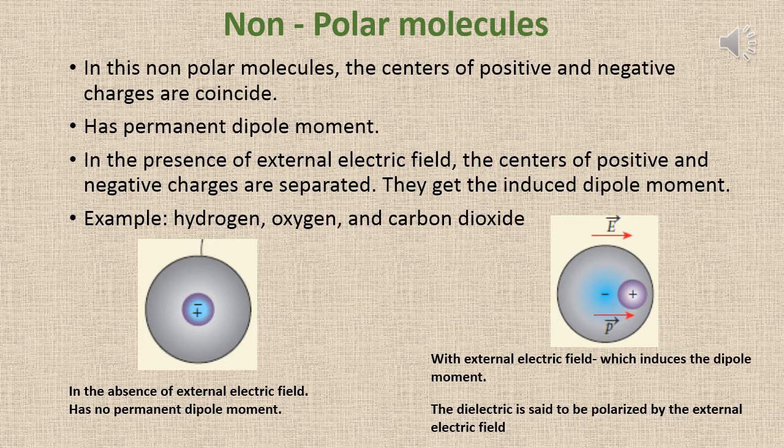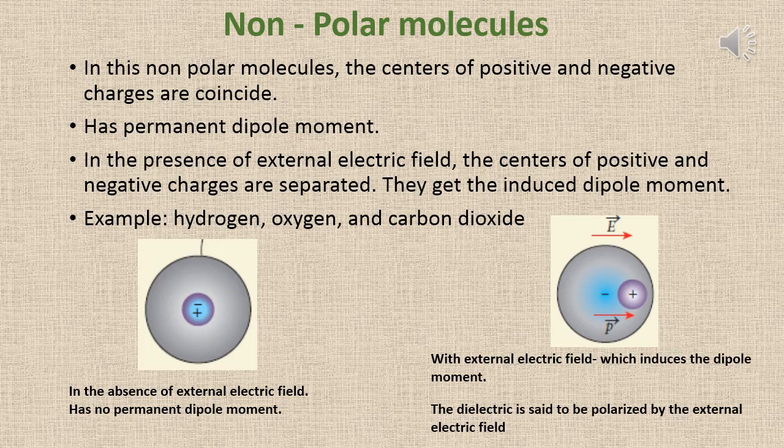Since they don't have any dipole nature, they don't have any dipole moment. Usually the dipole moment formula is one of the charges times the distance between the positive and negative charge. Here the distance is not there. They are not separated. Therefore they don't have any permanent dipole moment.